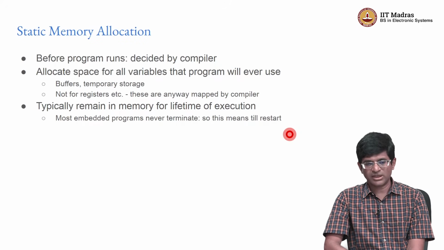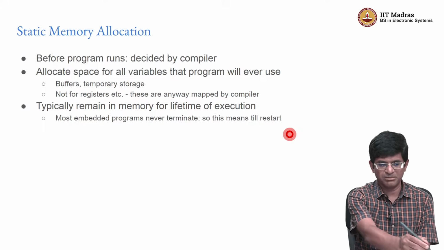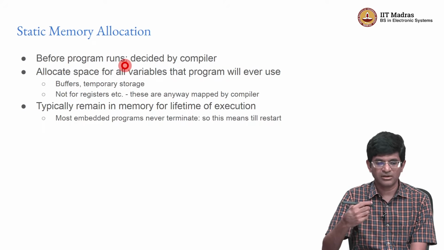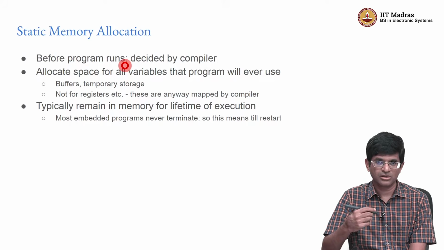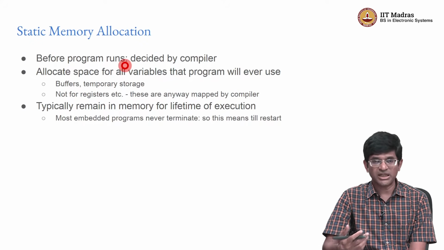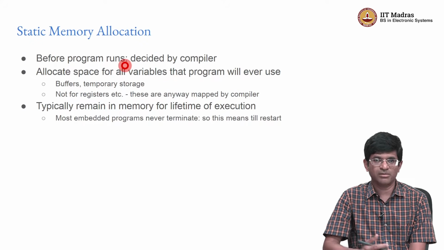The first that we are going to consider is what's called static memory allocation. This is before the program runs: where data is stored, how it is stored, how much space is allocated for storing the data, all of that is decided by the programmer and implemented by the compiler at compilation time.